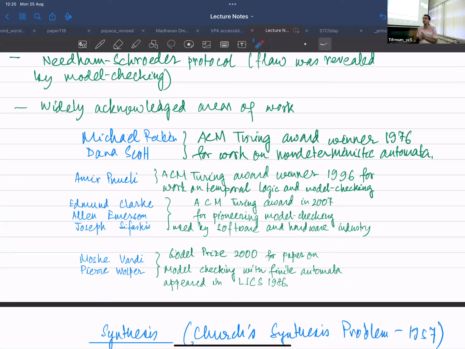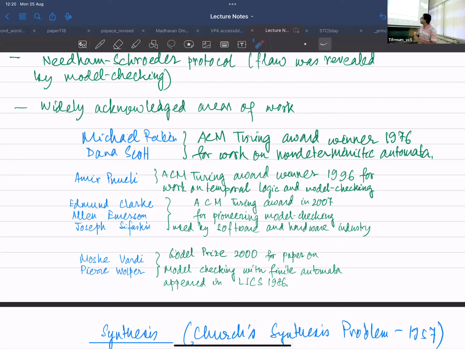Non-determinism is used everywhere. You can talk about Turing machines with non-determinism with different resources, like NP machines, NP space machines, NEXP machines, and non-deterministic automata. But non-determinism is a very basic idea, and then you add resources to get different complexity classes and things like that.